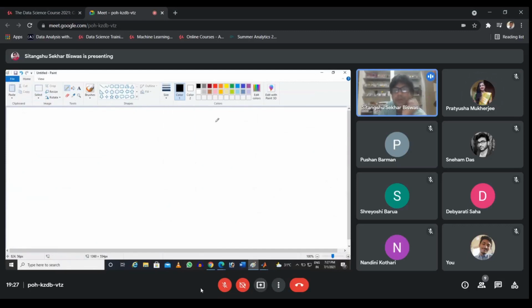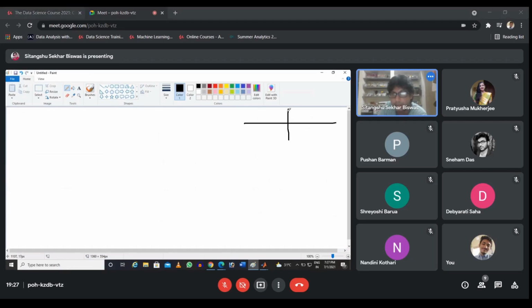Okay. So today we are going to learn about something I mentioned in a previous lecture: while we are doing dynamic balancing, there is a thing called static balancing also. Say there is a shaft like this and a flywheel like this.